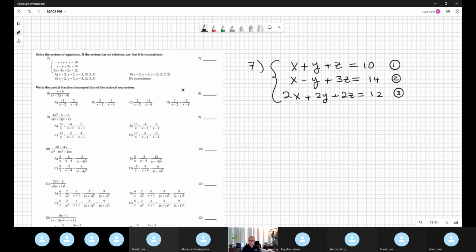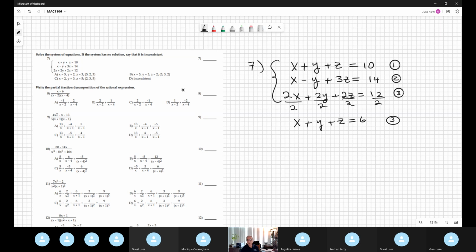However, in this example, I see something interesting. In the third equation, every coefficient is even, 2 or 12. If you divide by 2, you get x plus y plus z equals 6. And this is my new equation 3.